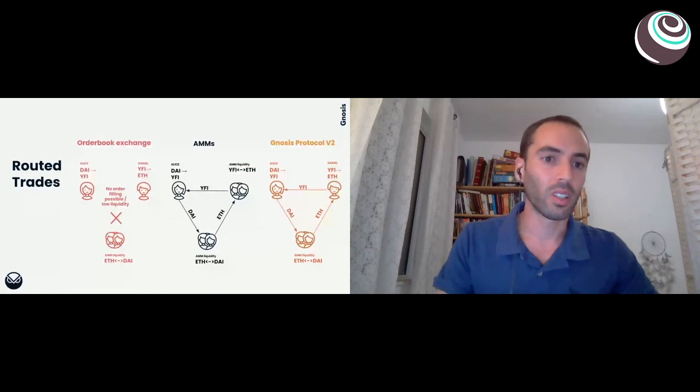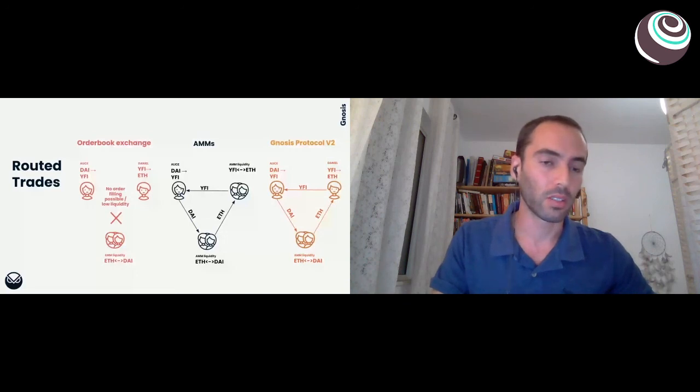So consider first the Orderbook Exchange, where, for example, Alice would like to trade DAI to YFI, and Daniel would want to trade YFI, but not exactly to DAI, but to ETH. So there is some overlap of their wants, but they are not trading in the exact same order book, so their orders can't be matched, and those order book exchanges will not use external liquidity like AMM liquidity to help match those trades.